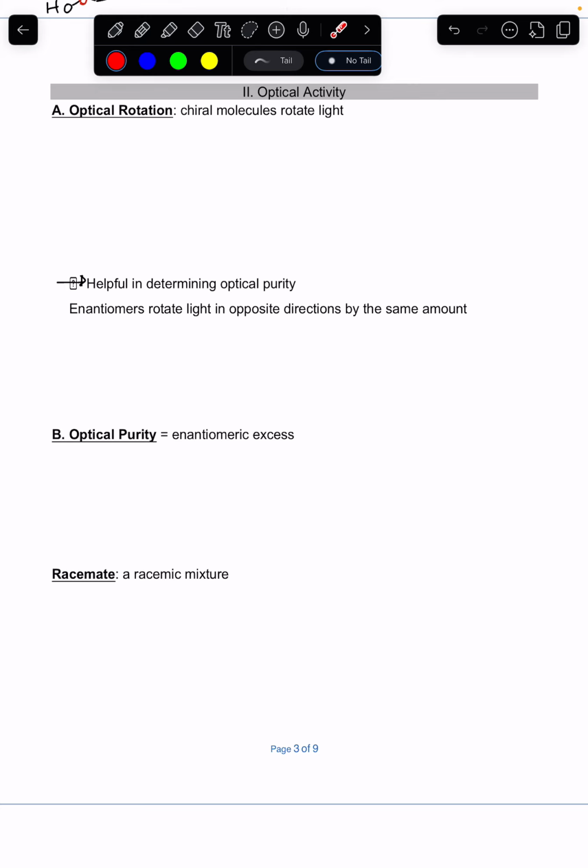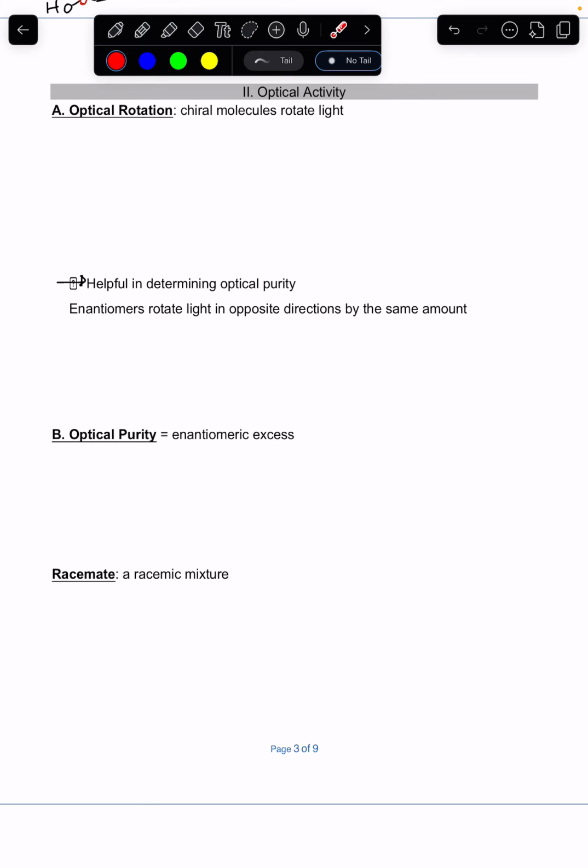Now, non-chiral molecules like H2O, water, also rotate light, but when you have a bunch of non-chiral molecules like water on top of each other, they just rotate the light in random directions, and so the end result is that when light goes through the water, the light doesn't get bent in any particular direction.